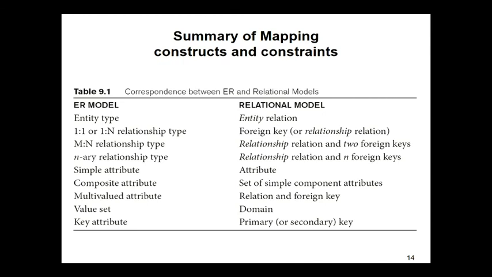So again, if we compare the different things in our entity relationship model, we had an entity type, and in our relational model, we ended up with an entity table or a relation. On a one-to-one or a one-to-many relationship, we needed a foreign key, telling us that there was a match between those. And again, what do we know about foreign keys?